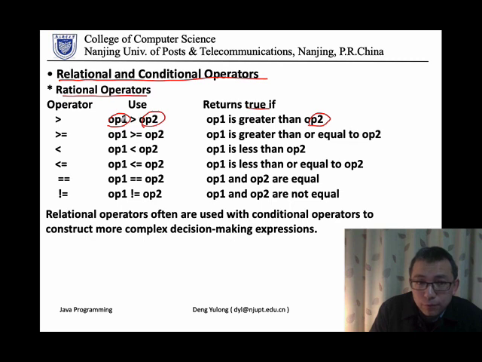But if the first operand is equal to or less than the second operand, it will return false. The same idea applies to the other operators: we have less than, less than or equal, equal, and not equal.